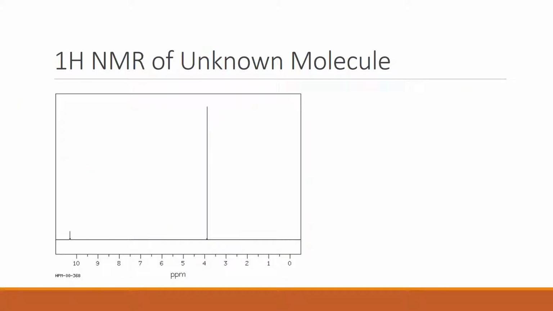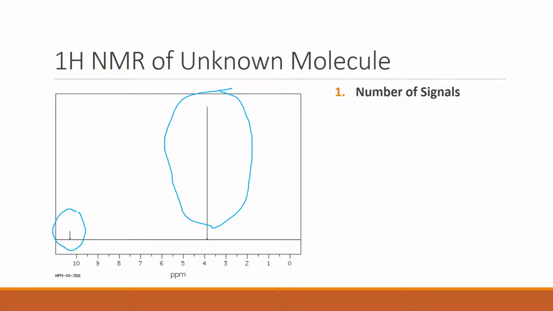So now we're going to look at the HNMR of our unknown molecule. The first thing that we're going to look at is the number of signals, or the number of peaks. And here clearly we have 2 peaks. Okay, we know this is 2. So we know there are 2 environments that our hydrogens could exist on. Now, what we don't know is how many hydrogens are from this.